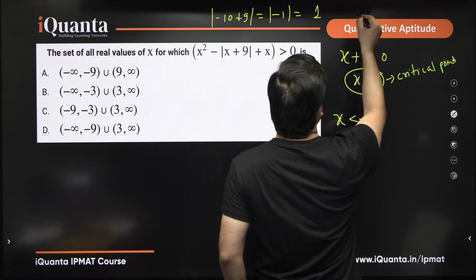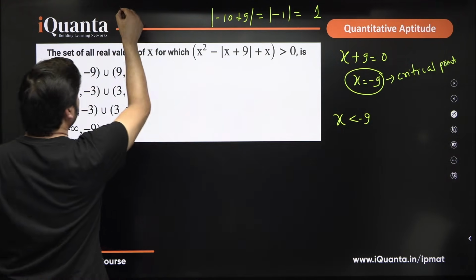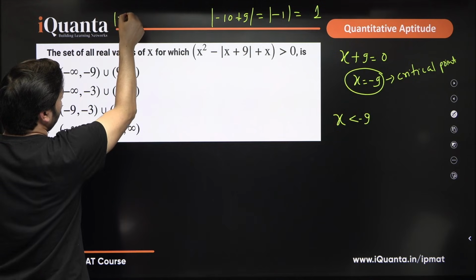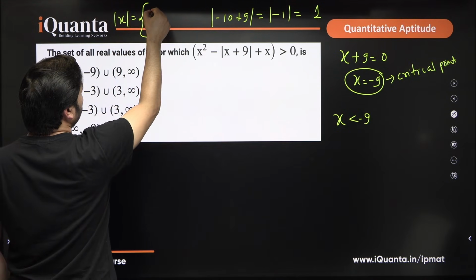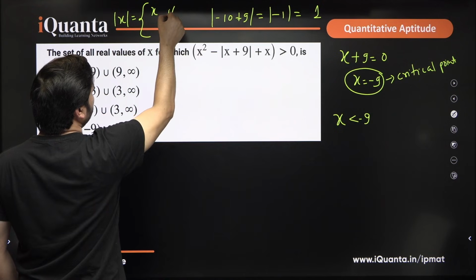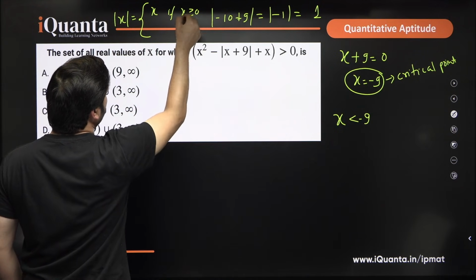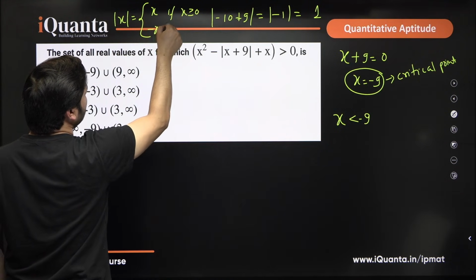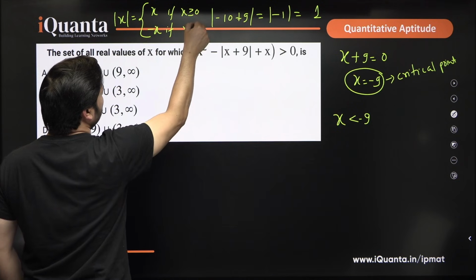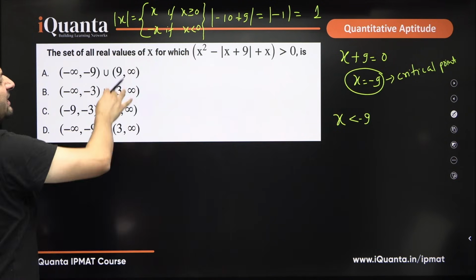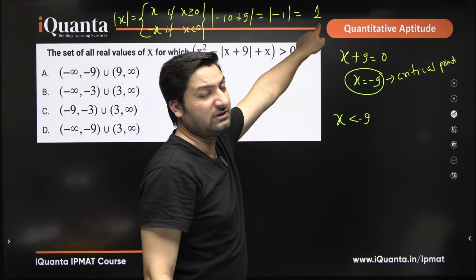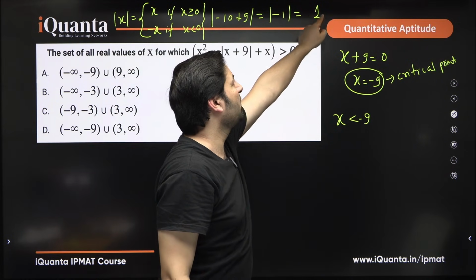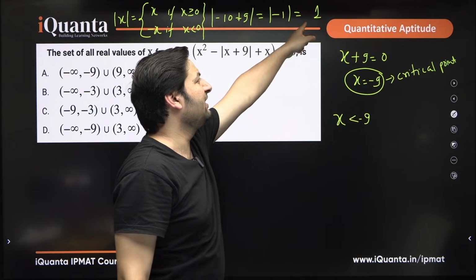Modulus has a simple definition: if you have mod of x, then this will open with positive x if x is greater than or equal to 0, and it opens with minus x if x is less than 0. What does that mean? Suppose you have a negative quantity inside, it has to become positive, right? Because the value that it should finally get should be positive.